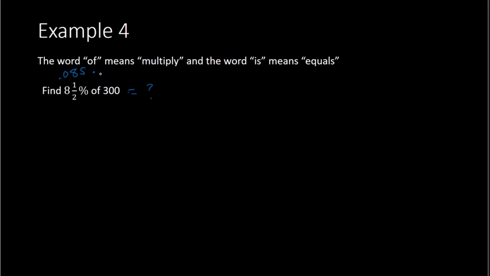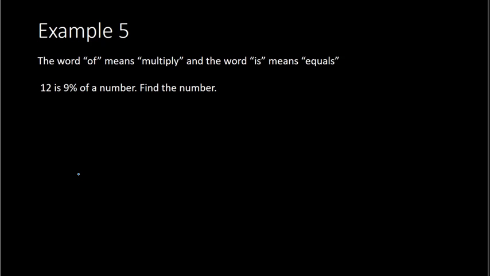Of means multiply, and then 300 equals x. So there's really no solving to do. We just need to multiply. So x would equal whatever 0.085 times 300 is. When I multiply those two numbers together, I'm going to get 25.500, or simply 25.5. So that would be my solution.